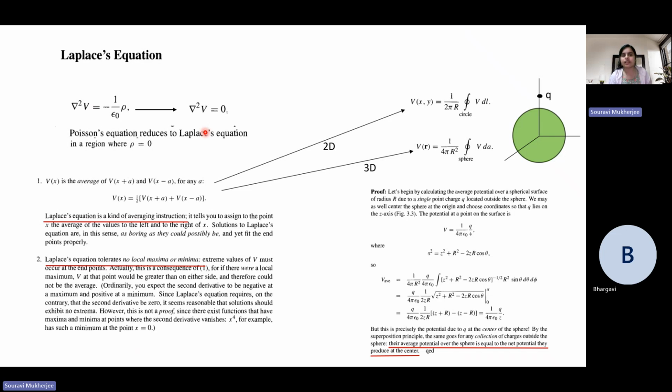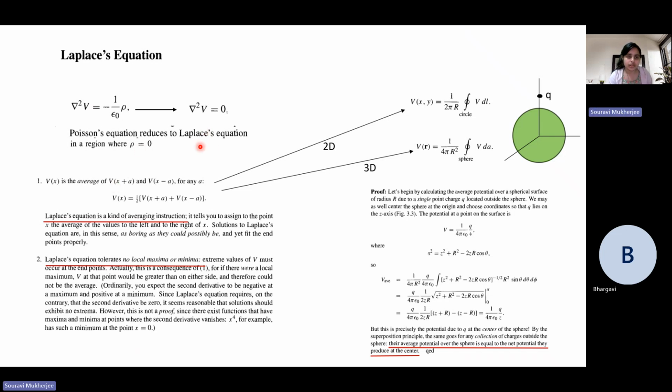We will discuss different kinds of examples of solving the Laplace equation and see how one can get an idea about the potential and the charge densities, surface charge densities, and all of that. Then we would move towards the method of images, which also comes as a consequence of some properties of the Laplace equation. Let's gradually proceed and it will be clearer as we discuss.